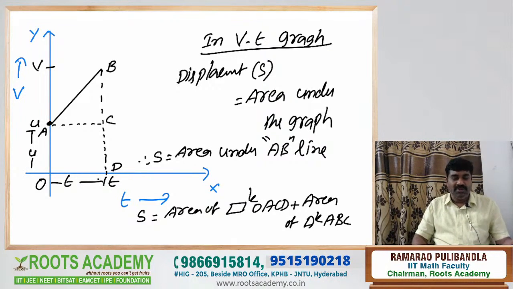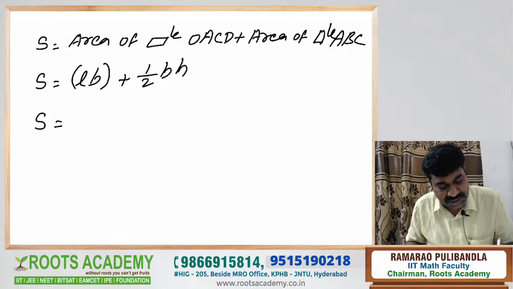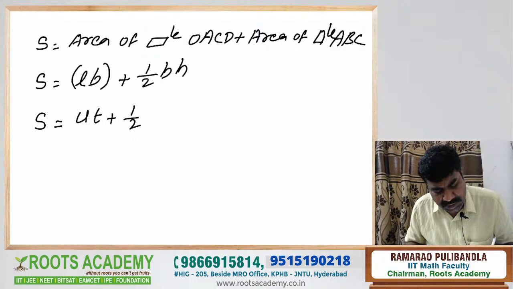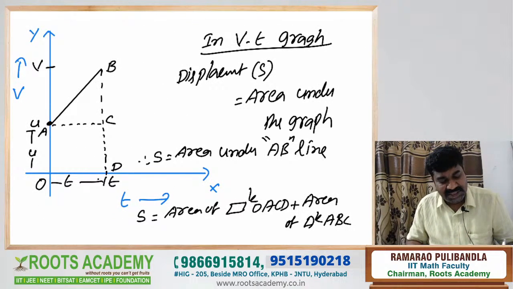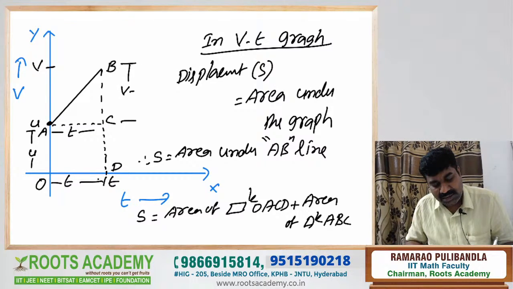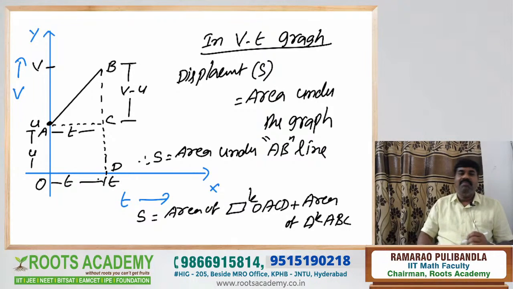So length into breadth is u into t, plus half into base, which is time. In the triangle, the base is time and the height is v minus u.